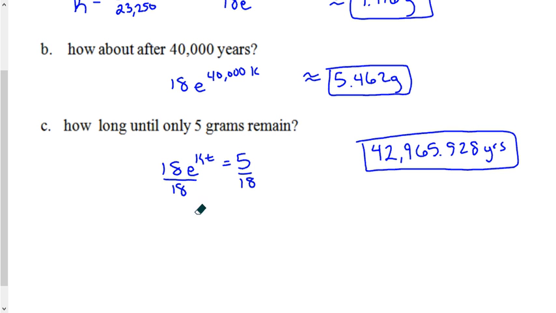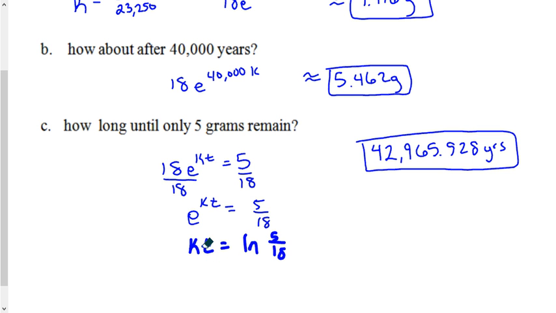And now I have e to the kt equals 5/18. Then we'll write the natural log of both sides, and we end up getting the natural log. Of course, the natural log with our base e, this just ends up being kt equals ln of 5/18.